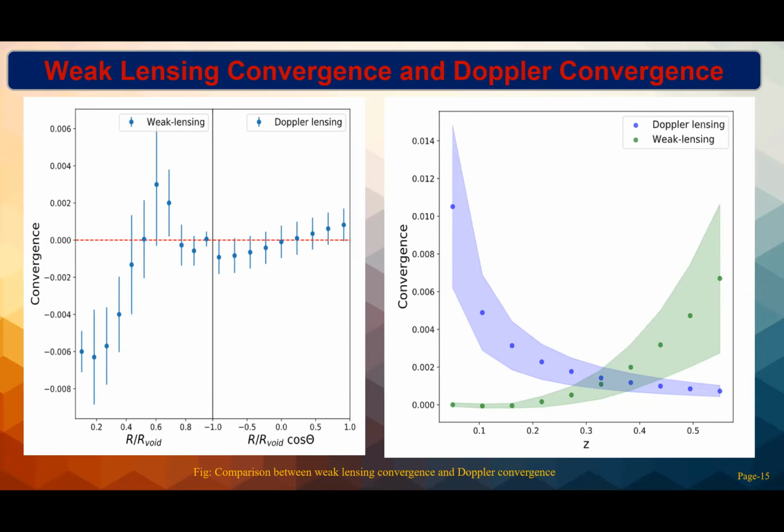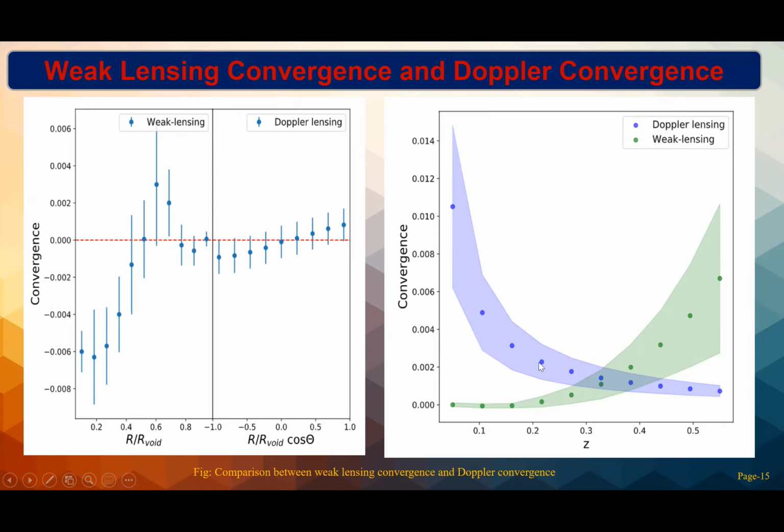So the comparison between the Doppler convergence and weak lensing convergence as a function of redshift is depicted in the right panel figures. You can see the variations of the Doppler convergence and the weak lensing convergence. The shaded region shows the 1 sigma variations for each redshift bin of the data.